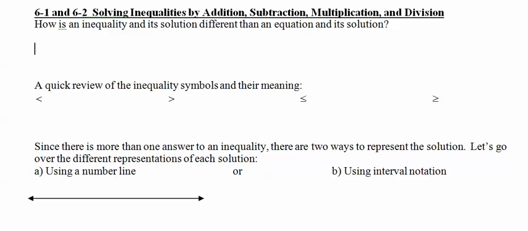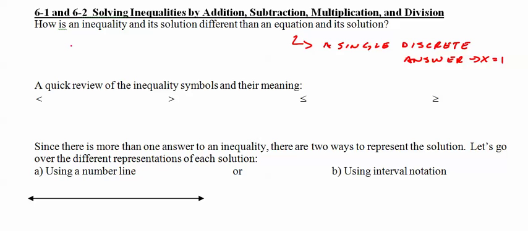So how is an inequality and a solution different than an equation? Well, to solve an equation, we get a single, what we'll call discrete, meaning an individual, answer. X equals 1. An inequality will be a range.